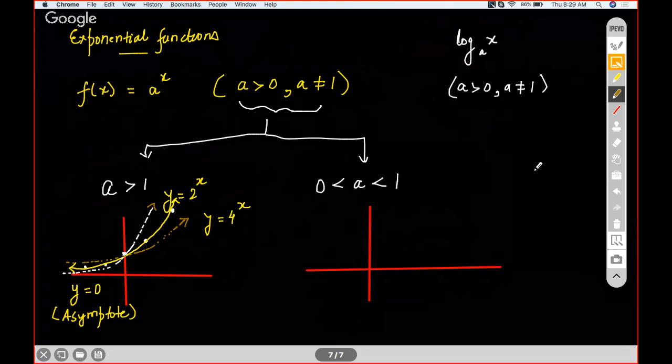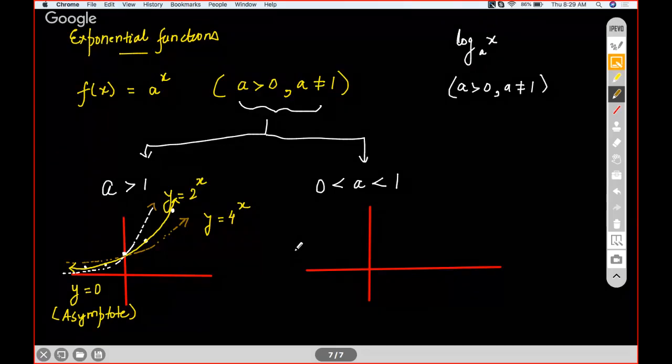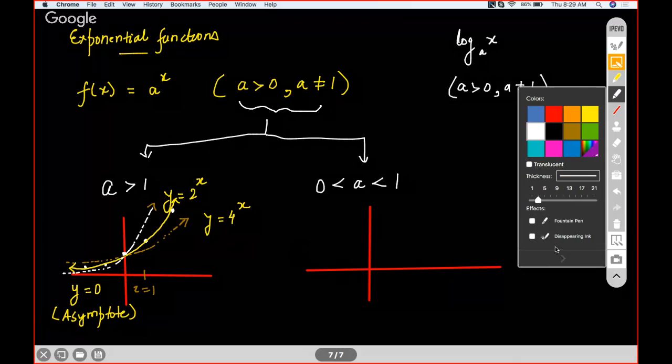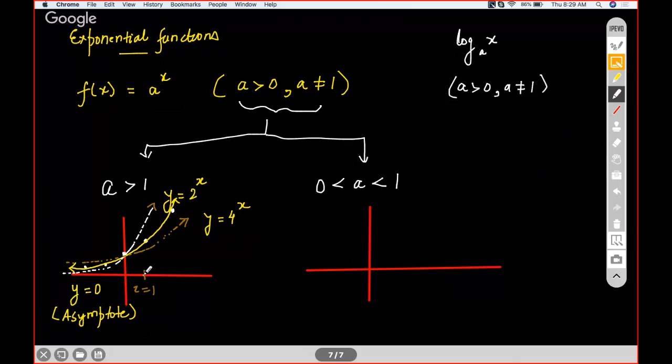If I put x as 1, then y will be 4. But for the first one, if I put x as 1, then it was 2. So it is 2 for this, and it should be 4 for the other one. The white one. So it has to be the white one.